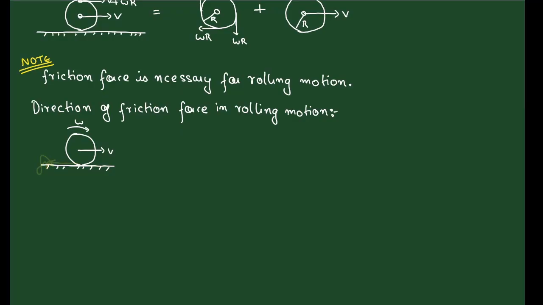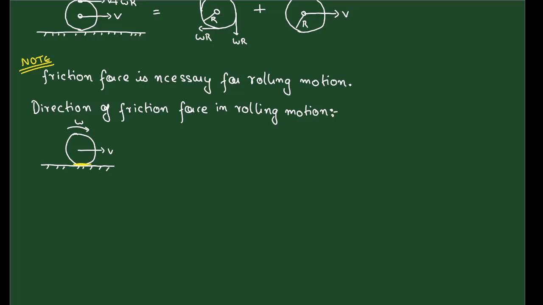Imagine if there was no friction force, mu equals 0. How would this wheel move without friction? You have to assume how it would move without friction, and then imagine in which direction the surface is trying to go. After that, friction force will be applied in the opposite direction.